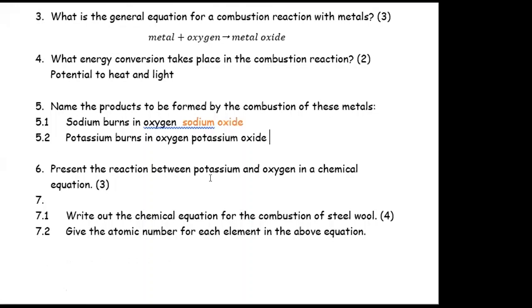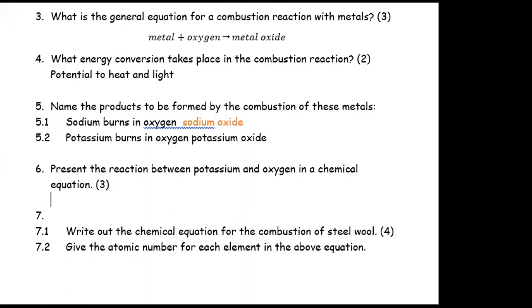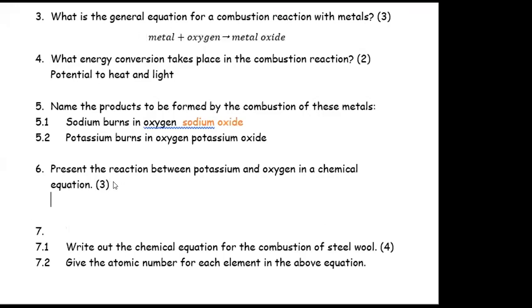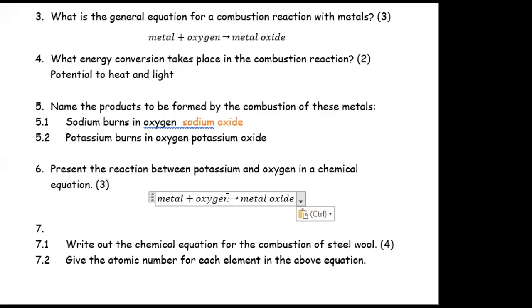Okay. Present the reaction between potassium and oxygen in a chemical equation. So that one's simple. Remember, when it's a chemical equation, it's not words, it's using symbols, right? Symbols are like O and K, etc. So we have K plus O2.